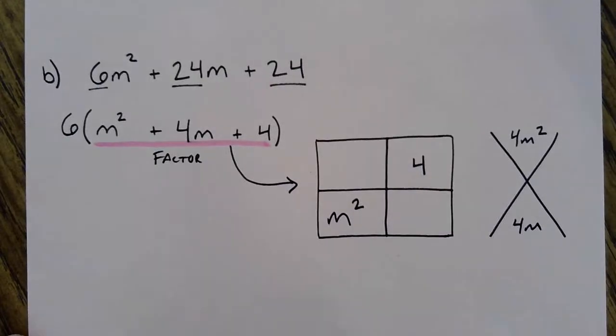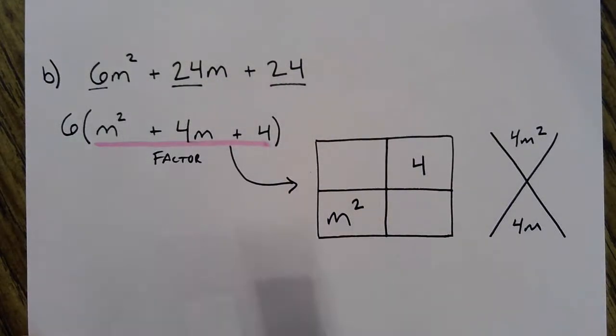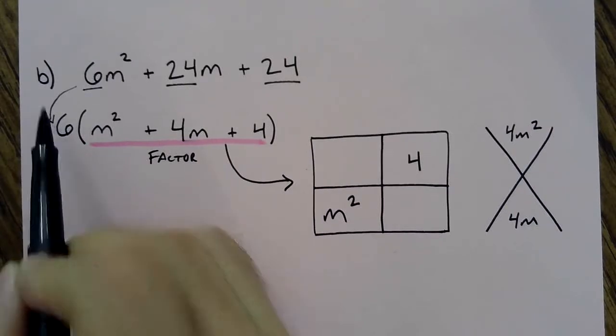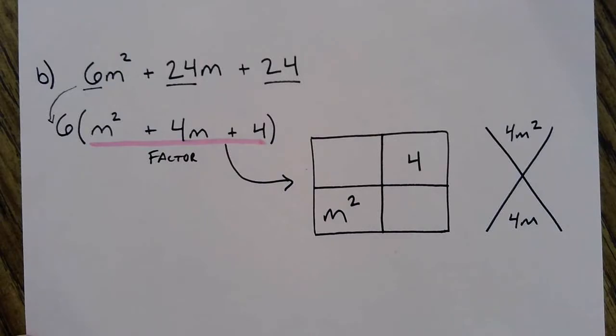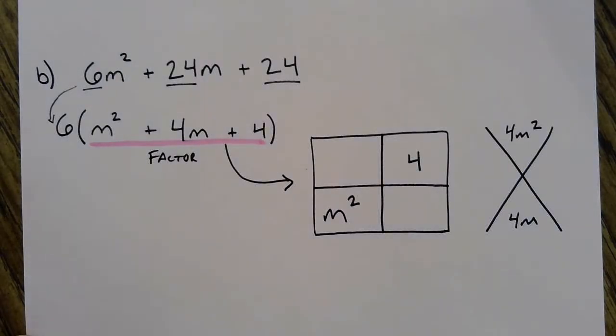Now, a common mistake is students want to go back to the original quadratic to fill in these terms. Remember, we've already moved on by factoring out a 6. So once we do that, we're going to start using this expression versus our original. All right, so what adds to 4 and multiplies to 4?